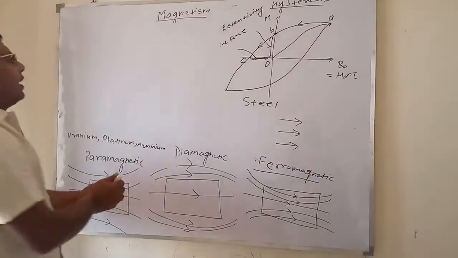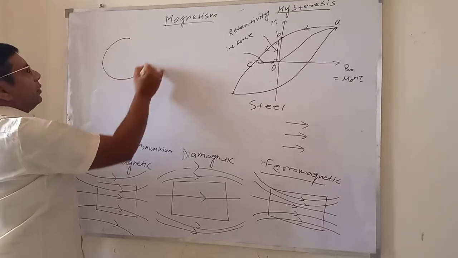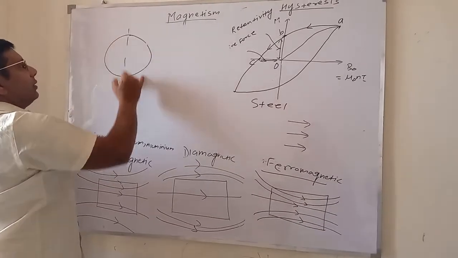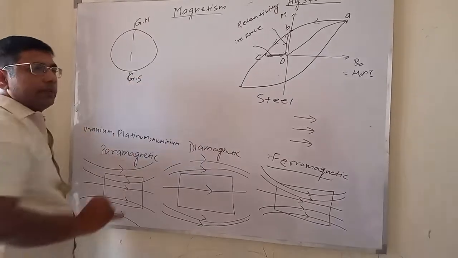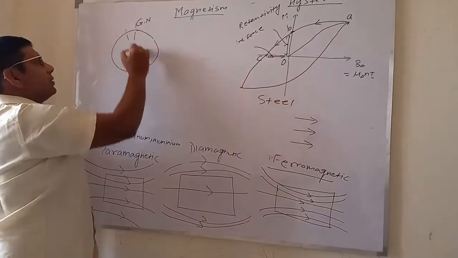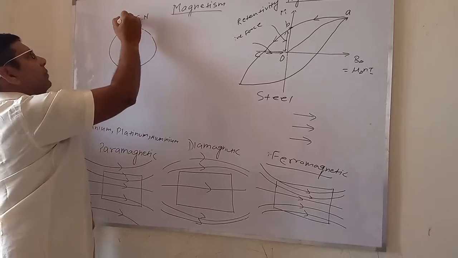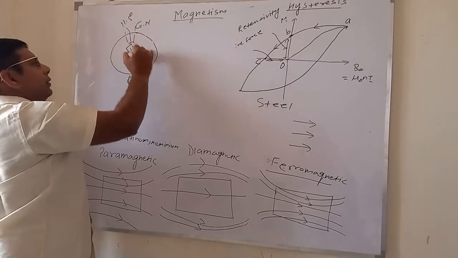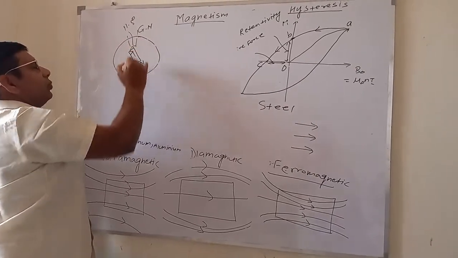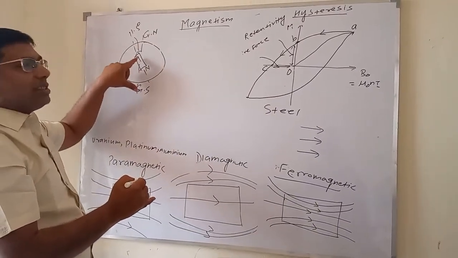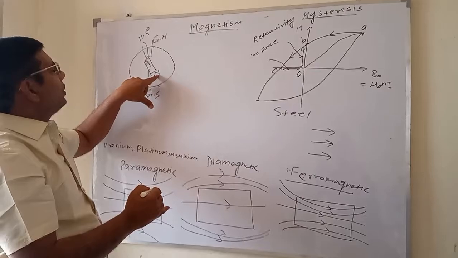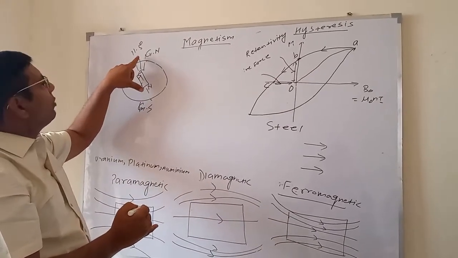So here, if we take this, this is geographical north, this is geographical south, and this one is at 11.5 degrees. This is north, this is south, because when we keep the compass, it generally goes north and south. So the earth has a permanent magnet with north pole here and south pole here, making an angle of 11.5 degrees.